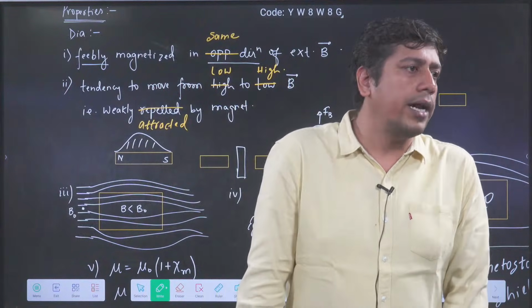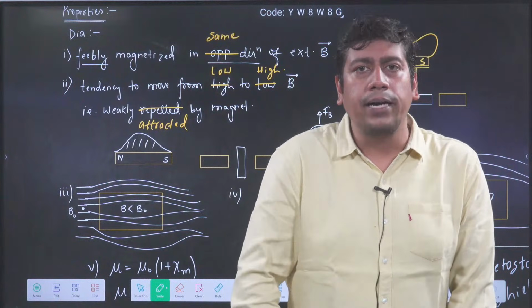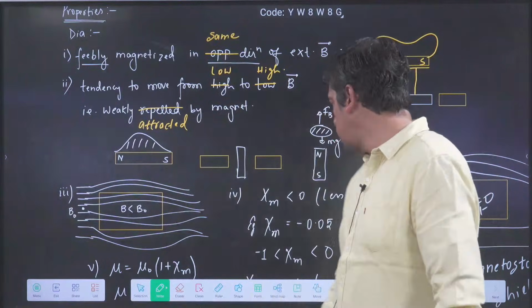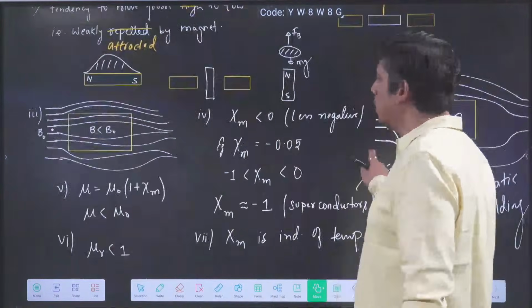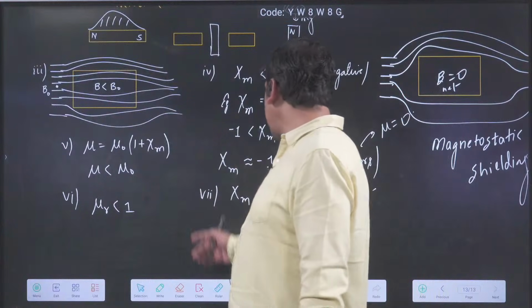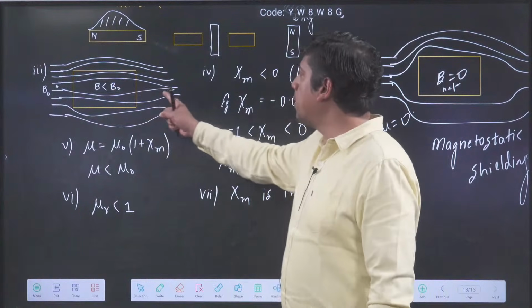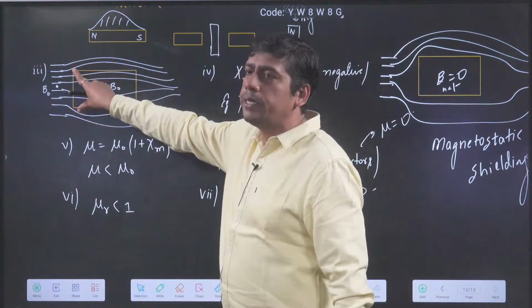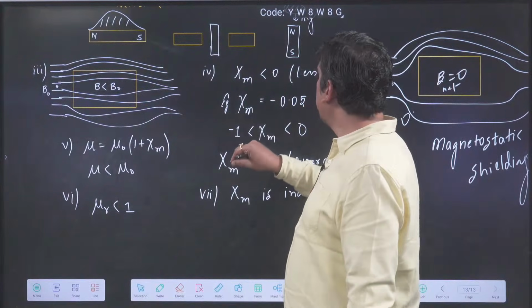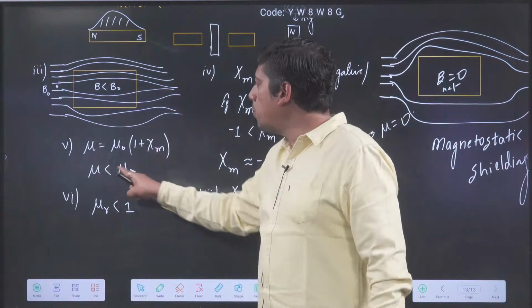When the field lines are attracted inside, obviously the permeability of the paramagnetic will also be more. So B will be more than B naught. More magnetic field lines will go through, due to which mu will be more than mu naught.